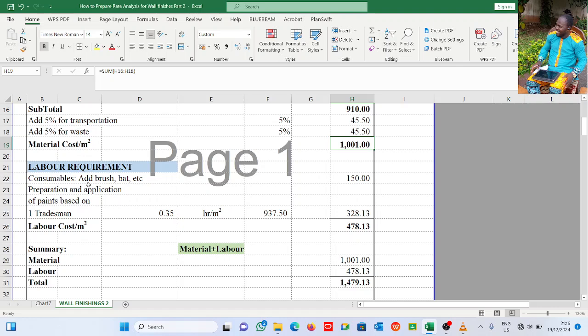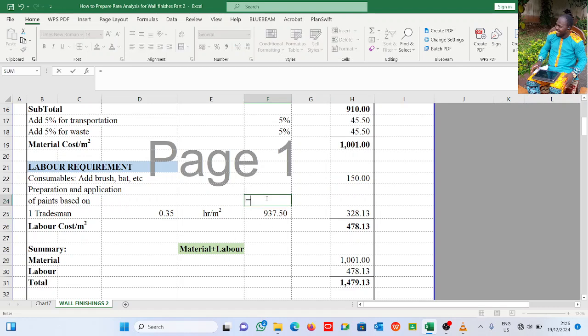Now we need consumables, right? The brush for application, the vat, and all. And we allowed 150 naira for it. Now we need a skilled workman for the application, and for a skilled workman it requires 0.35 hour to cover 1 square meter at 937.5 naira per hour.